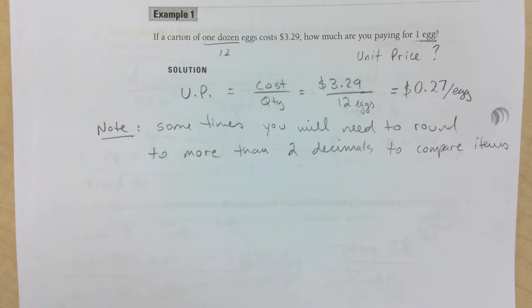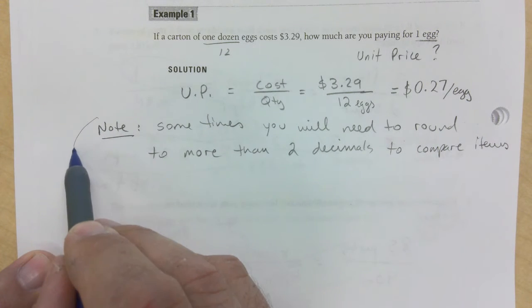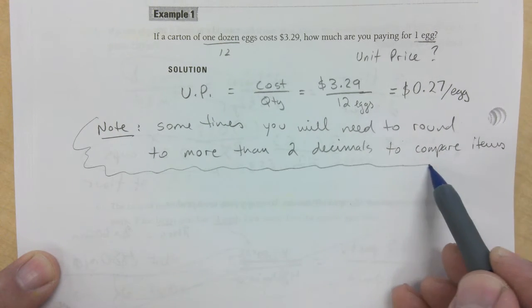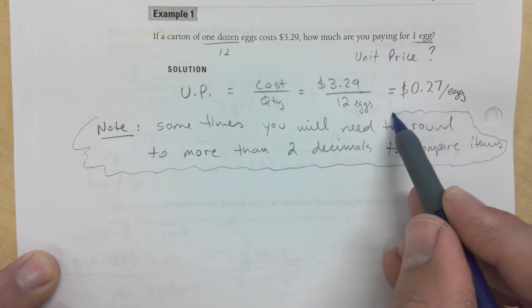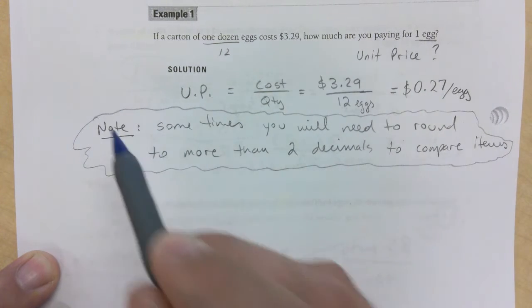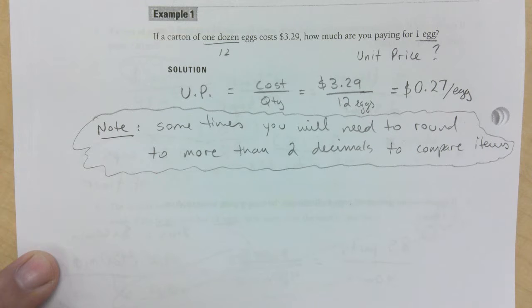Some of us go to No Frills, then we go to Safeway, then we go to Sobeys or whatever, right? And you're trying to compare which one is now the best deal because we always want to get the best deal for our money. So I'm going to do that. I'm just going to do one of these around it. Just a little note that you need to keep in mind. Okay.